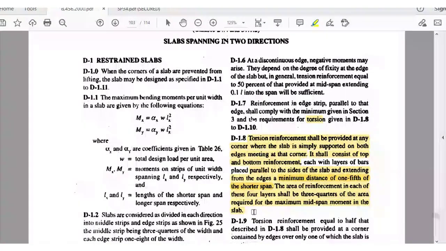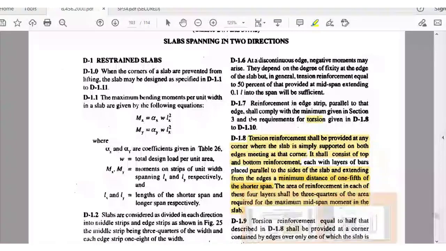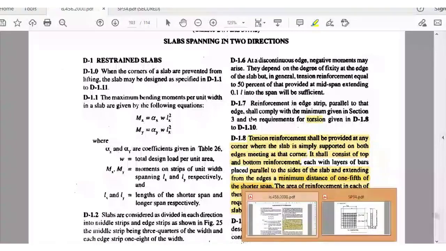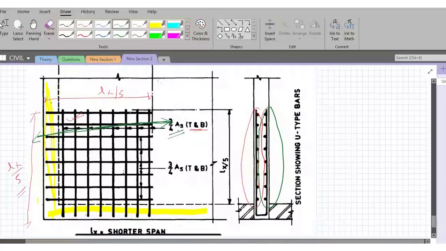That's why, if you see in the sketch, it's been mentioned. Here you see, if I talk about the reinforcement in this direction, the green line, the steel should be how much? 3/4 Ast. And what is this Ast? This Ast is coming from the maximum moment, or I can write it as the maximum of Mx, My.